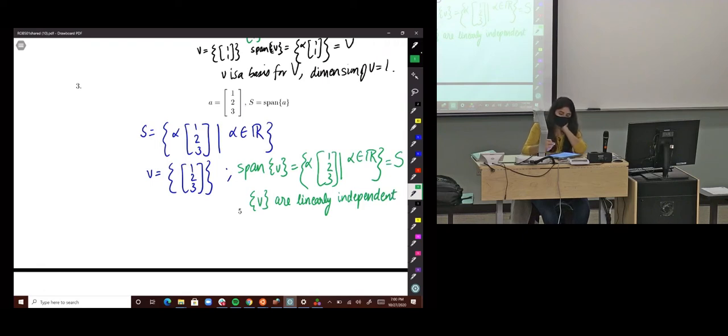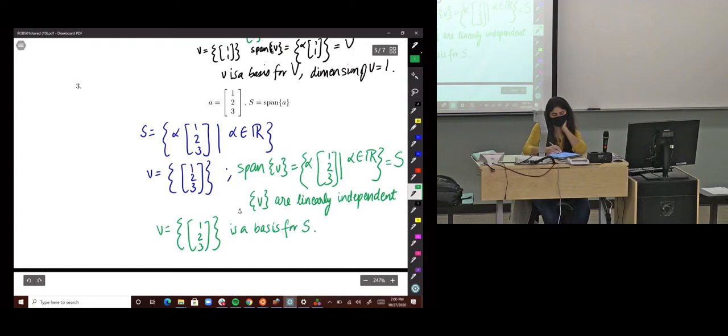So it satisfies both properties, so v equals just this one element is a basis for the set S. And since there's only one element in v, we can say that the dimension of S is 1.